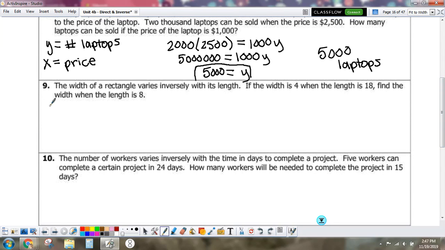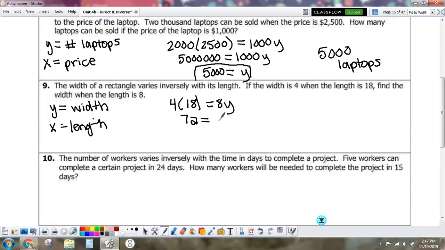For number 9, you should have had y equals your width, x is your length, and then you go ahead and do your multiplication. And your y value, your width, should be 9. Try number 10.